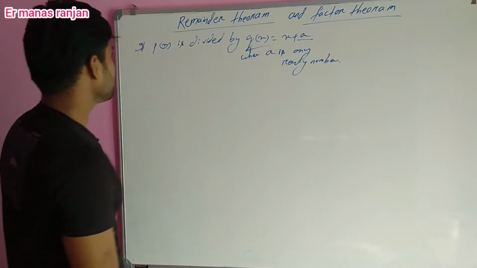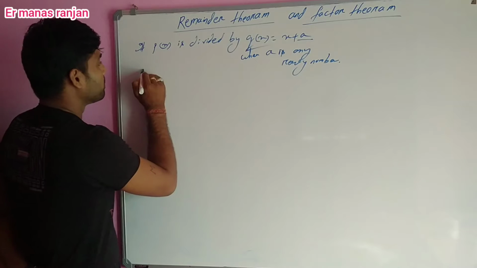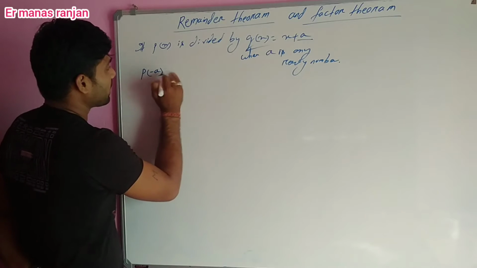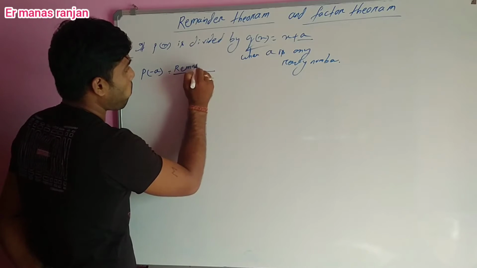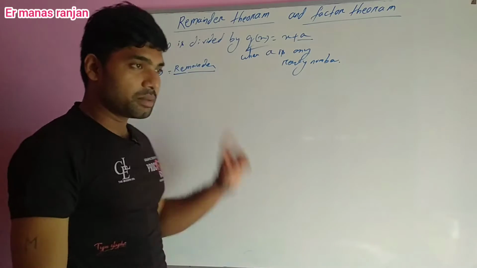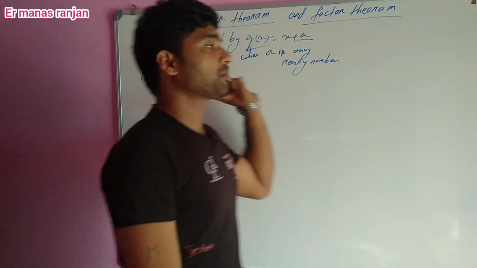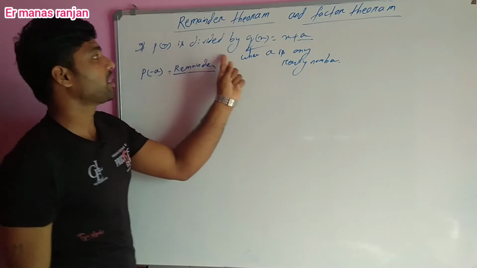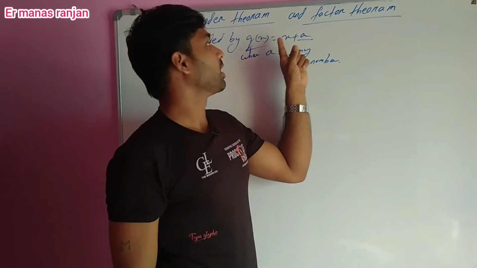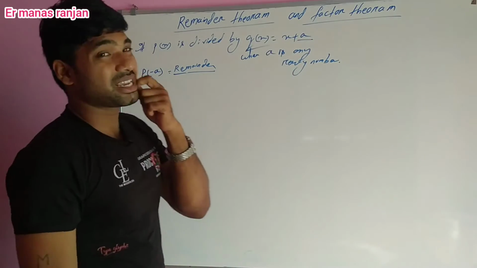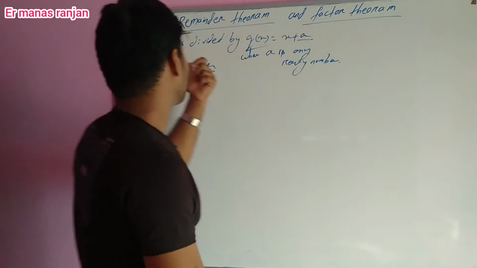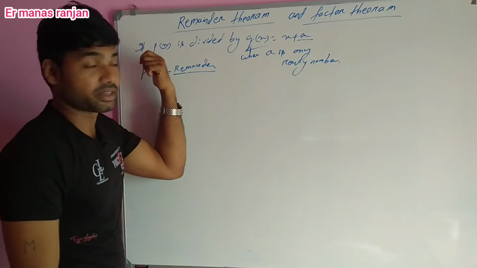Clear? Then P of minus a is the remainder. If polynomial P of x is divided by Q of x, or x plus a, that means P of minus a is the remainder of this polynomial.